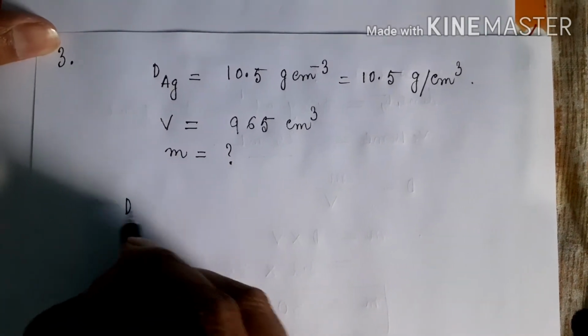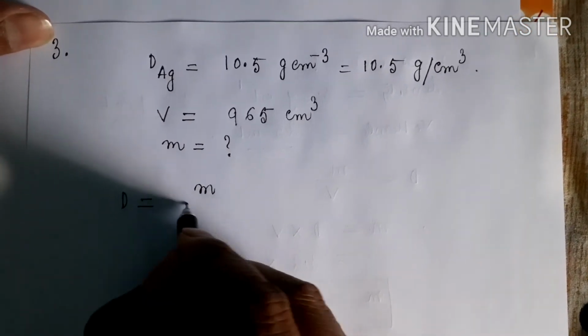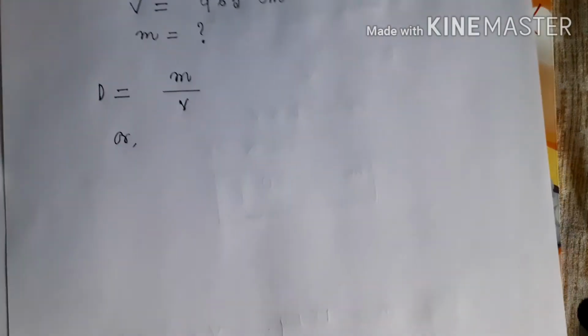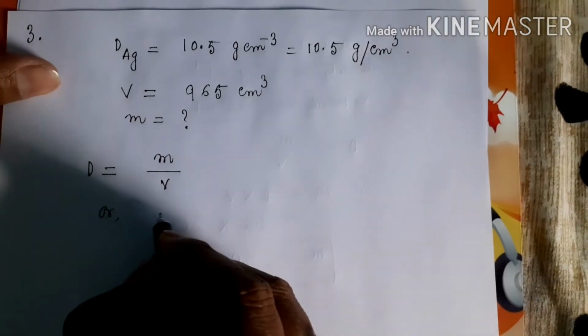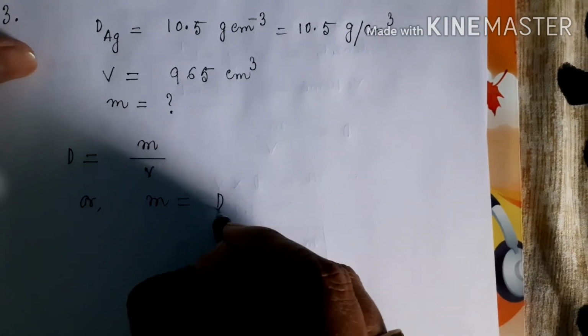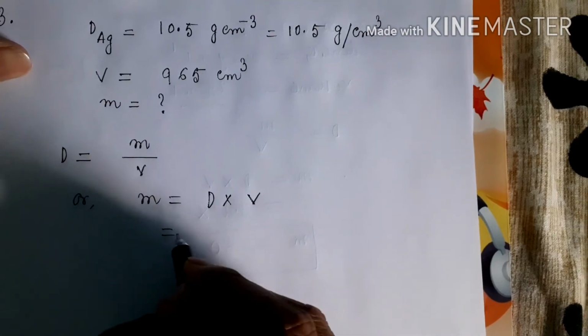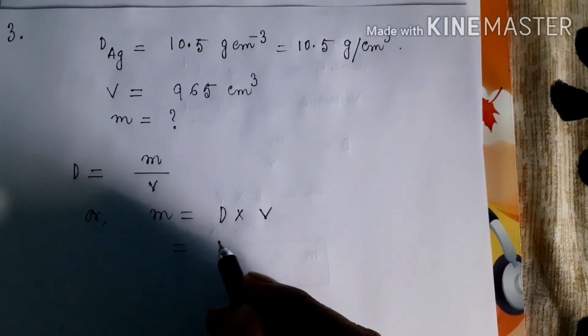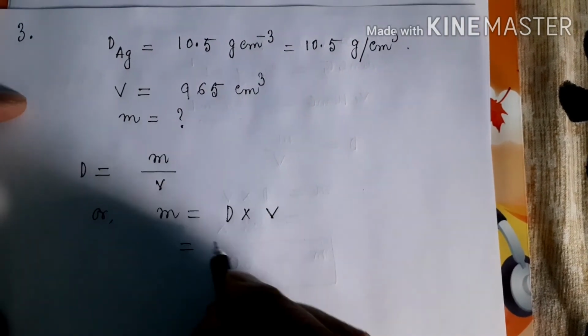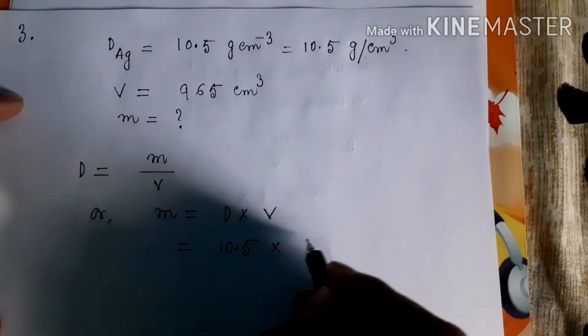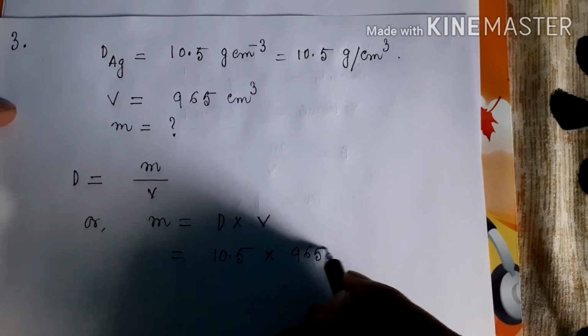So density is equal to, we know that, mass by volume, or you can write down that mass is equal to density into volume. Density into volume. So if you just multiply this one, then you will get the result. That means density is how much? 10.5 and volume is already given 965.